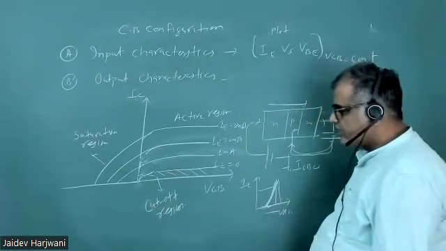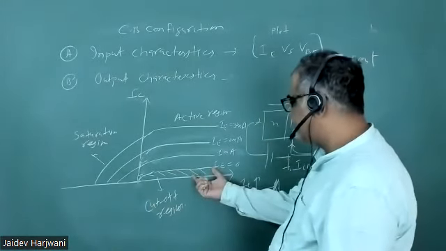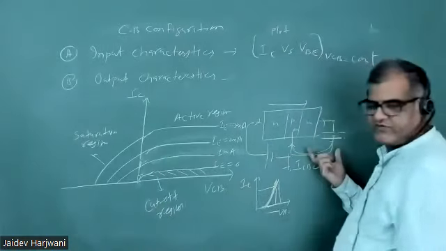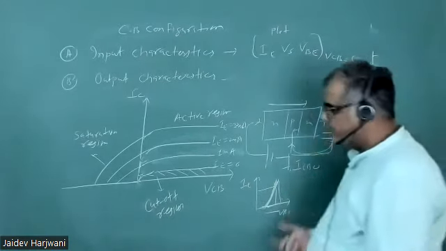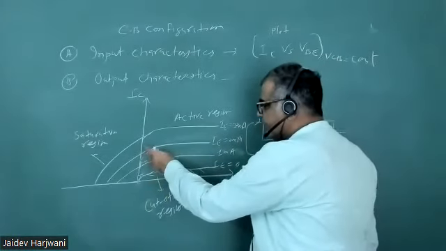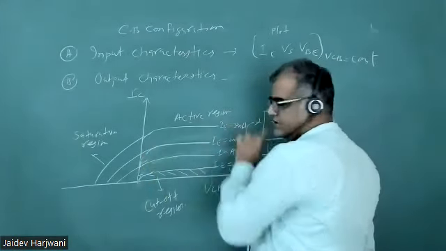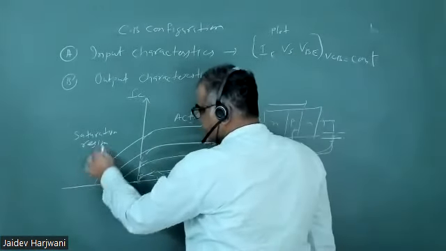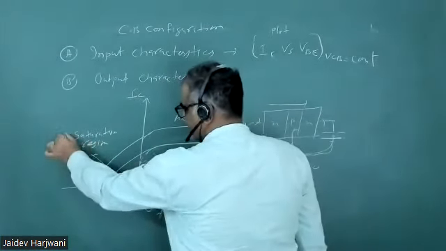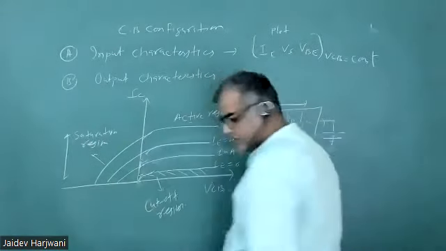Cutoff region मतलब क्या है? जब only second में reverse saturation current flow हो रहा है, that is called your cutoff region. Now the region where you are getting parallel lines, this is called your active region, and where your current is getting increased, this region is called your saturation region.